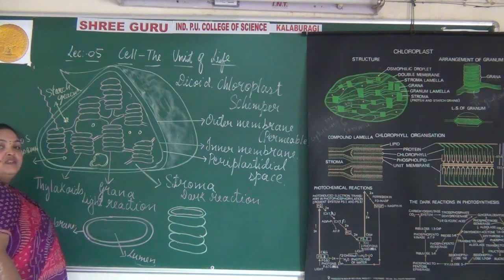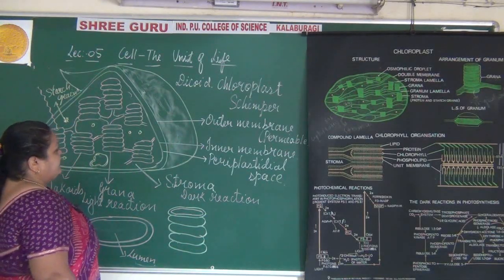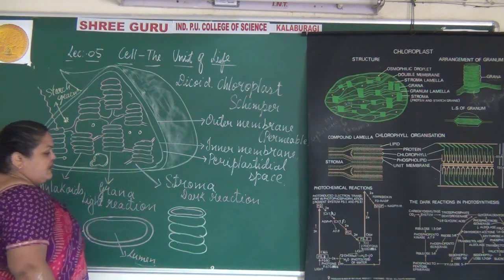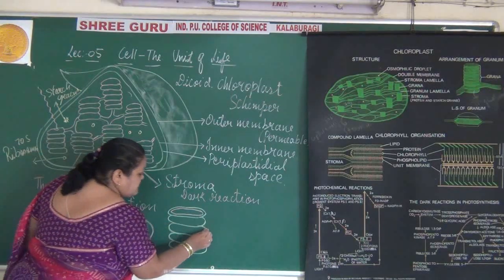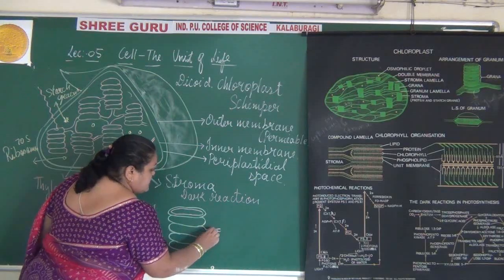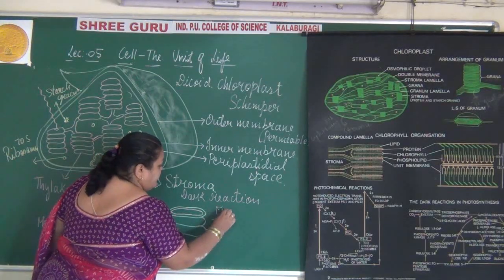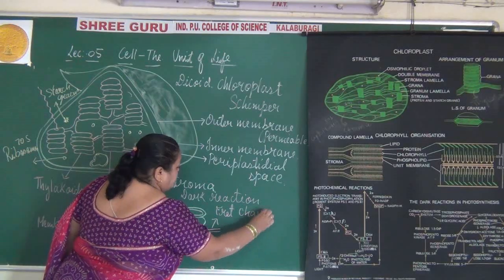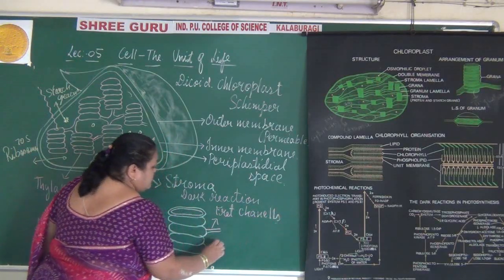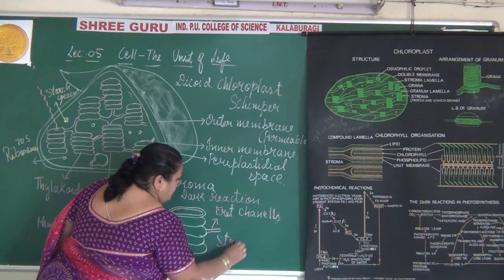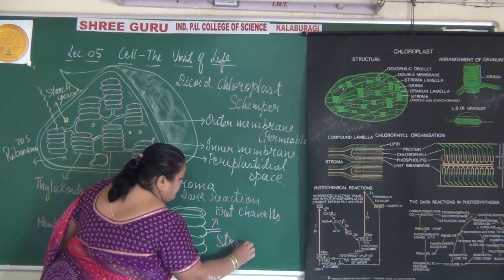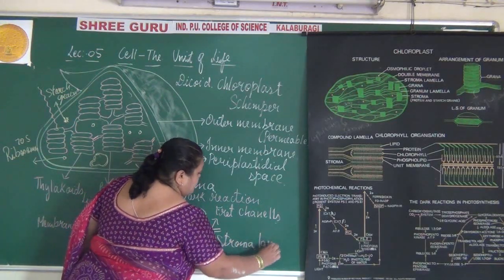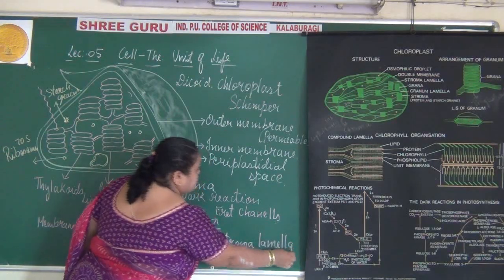There is a channel that connects one granum to another. These channels are known as fret channels or stroma lamella.